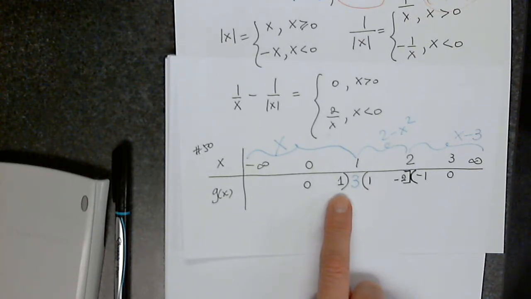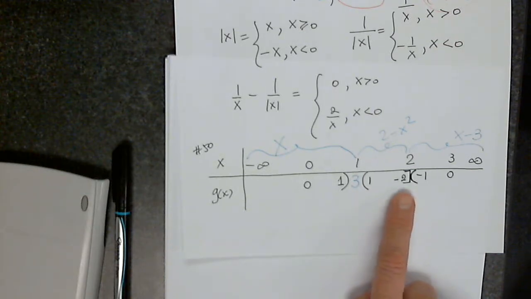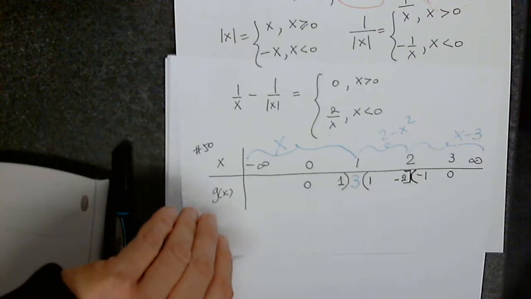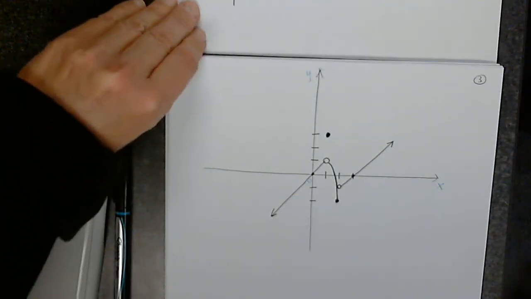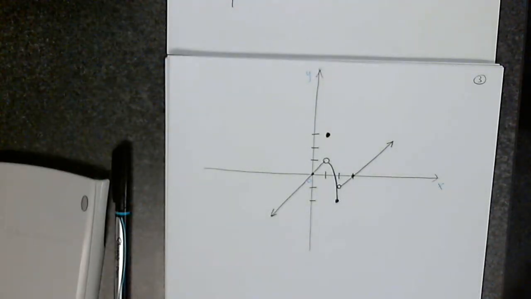G of 1 is 3. Limit of g of x as x approaches 2 from the left. 2 from the right. And 2 from either side. Correct. Questions? Is this better? Okay.